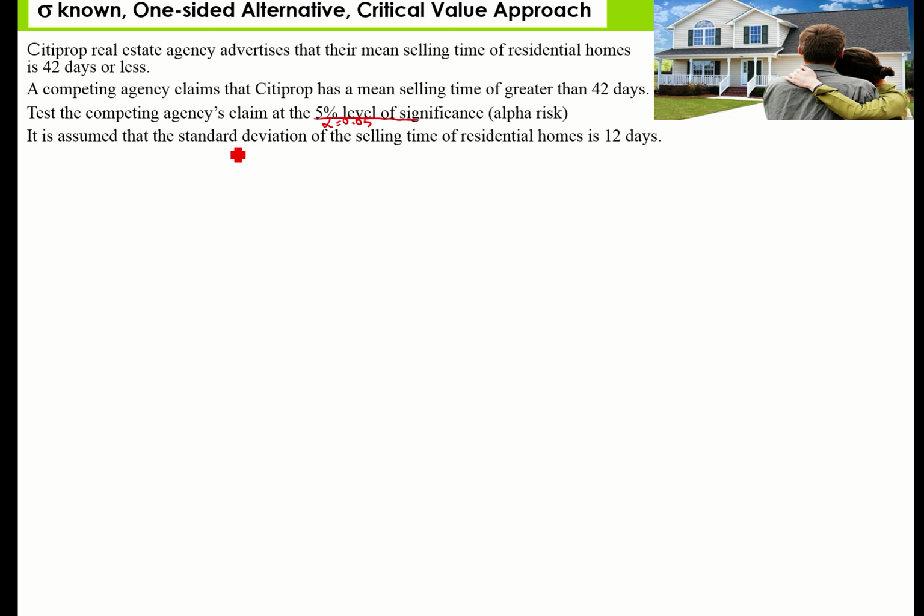It is assumed that the standard deviation of the selling time of residential homes is 12 days. Actually, this is the standard deviation of the population, so these 12 days is nothing but the standard deviation of the population, and we denote it by sigma.